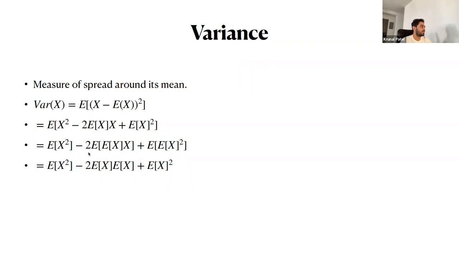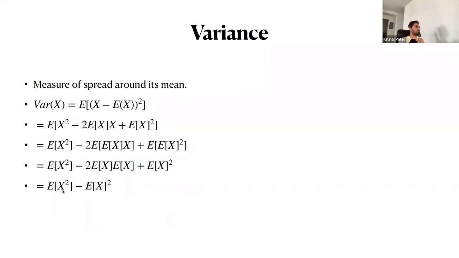So we take E of x outside of this expectation, and we are left with E of x times E of x, which is E of x squared. When we simplify all these things, we are left with expectation of x squared minus expectation of x, whole squared.